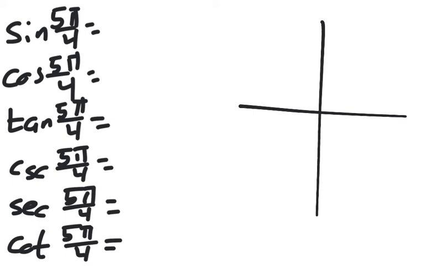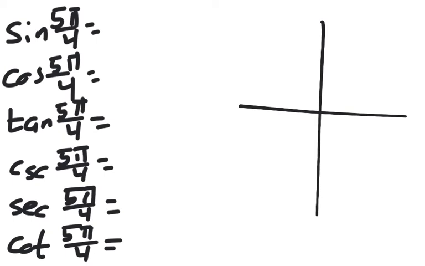Okay. So 5 pi over 4, in my head, that's a little bit more than 4 pi over 4, which is just pi. So I know if I rotated to pi, that's 4 pi over 4, and I'm not quite there yet. I have to rotate another pi over 4 to get to be 5 pi over 4.